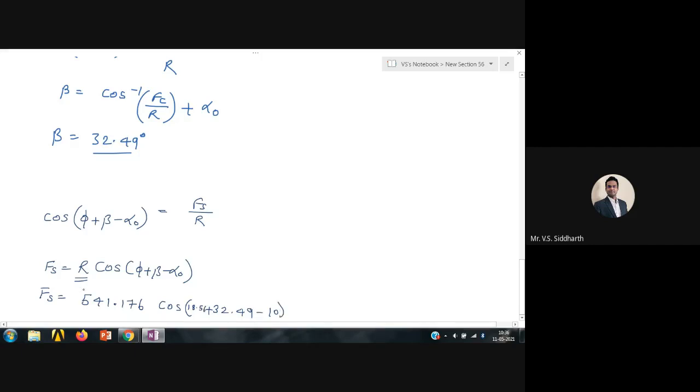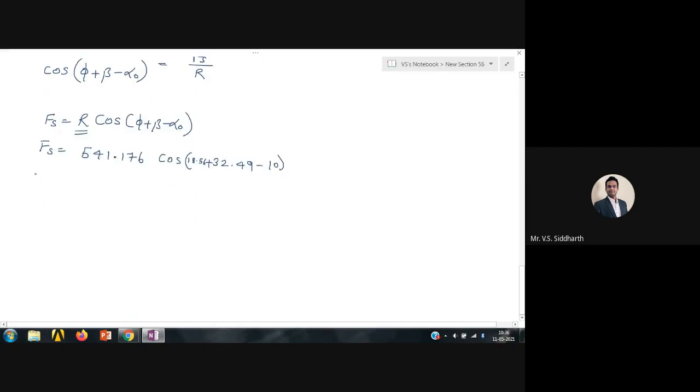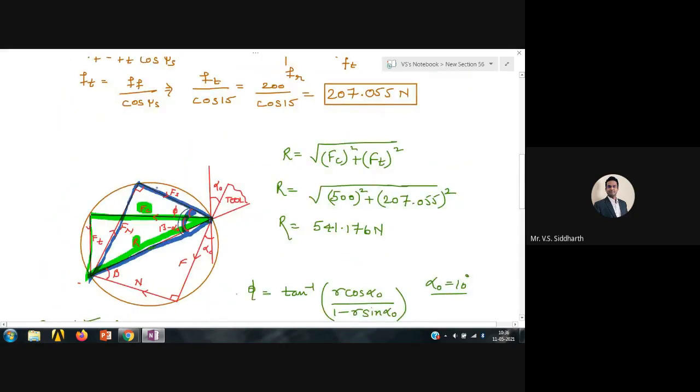Now can you tell me the value of Fs? What will be my Fs? 408.09. Okay. Very good. So we have calculated Fs.